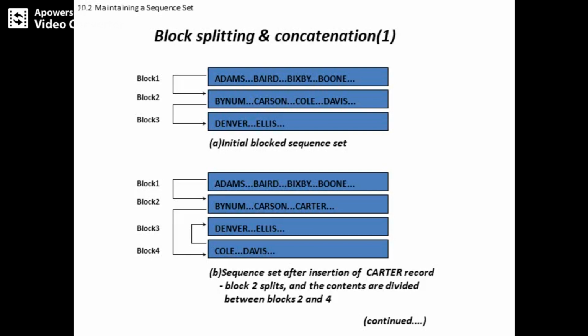So now what I am going to do is, I want to add some particular records into this initial block sequence set. Say I want to insert a record with the key Carter. When you insert the record with the key Carter, where exactly will you insert that record?